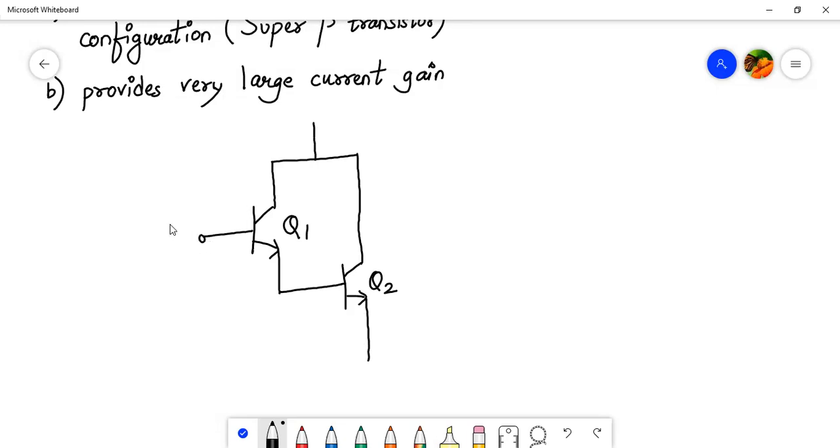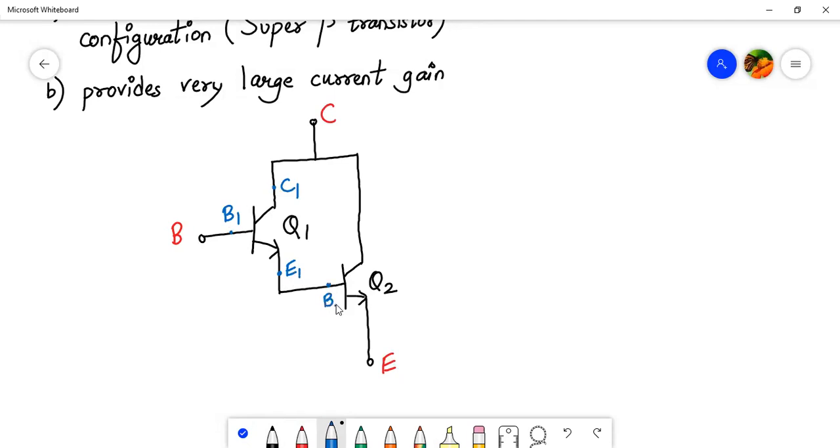And then this becomes my base now. So let me use a red color to mark it. This becomes my base terminal. This becomes my emitter terminal, and this becomes the collector terminal of the composite transistor now, right? Now let me mark the various things. This is base 1, collector 1, emitter 1.